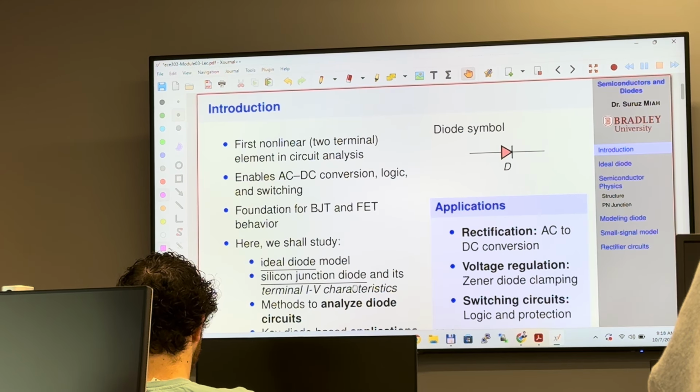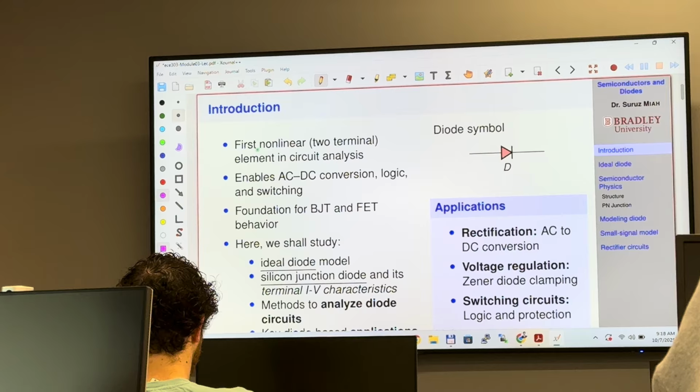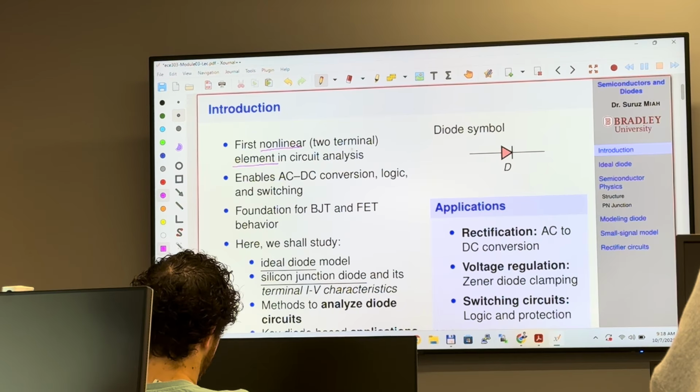So diode is the first nonlinear element that we are studying. Why is it nonlinear?